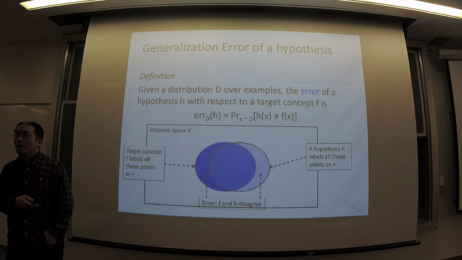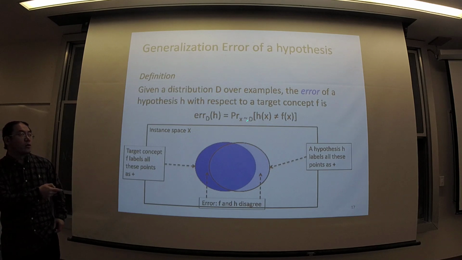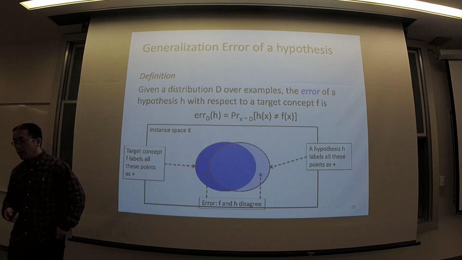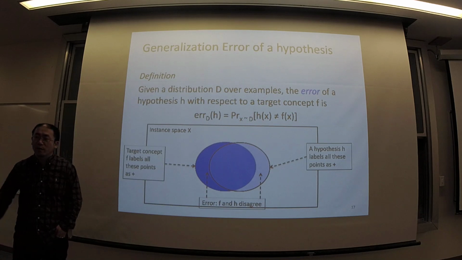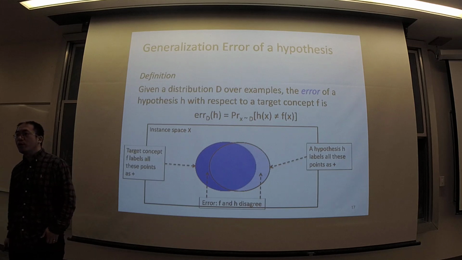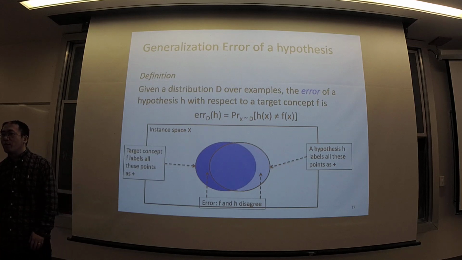That means we can never compute this. This is essentially calculating an integral over the distribution D with this indicator, right? So if you follow the rigorous definition of this probability, you do not have access to the distribution D. So that means you can only estimate, right?